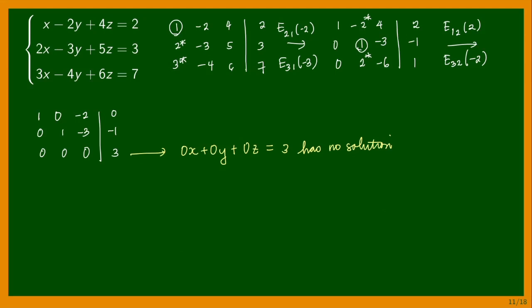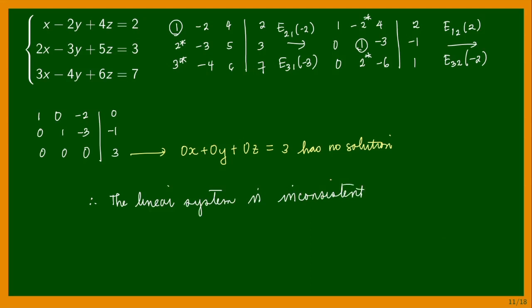Therefore, the linear system itself cannot be satisfied by any vector, because every equation in the system has to be satisfied, and we know that this one can't be satisfied at all. Therefore, as a conclusion, the linear system is inconsistent.